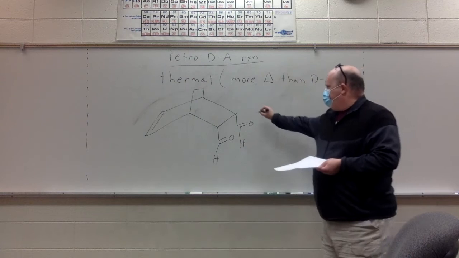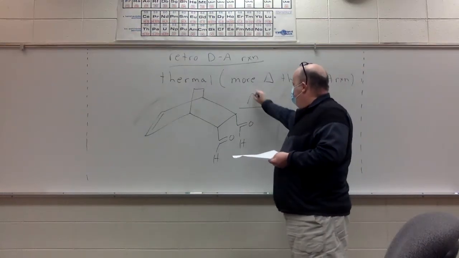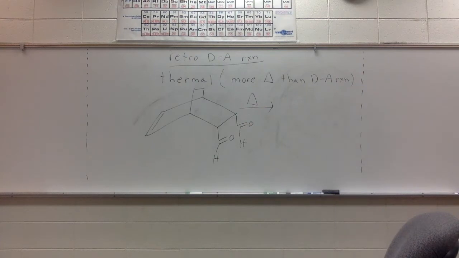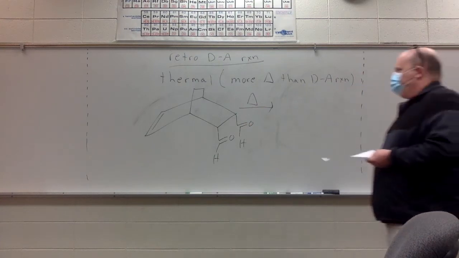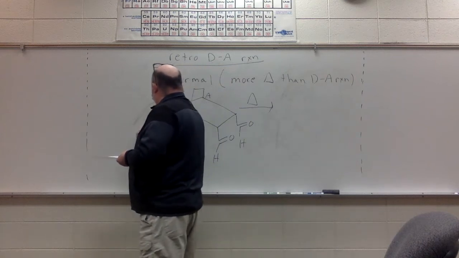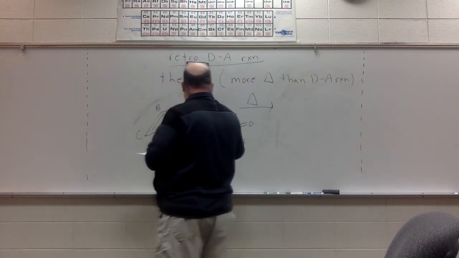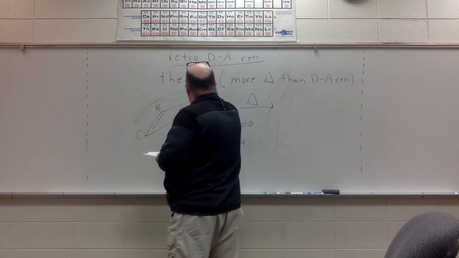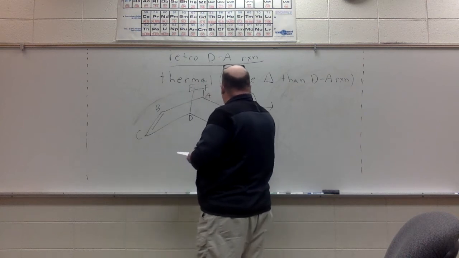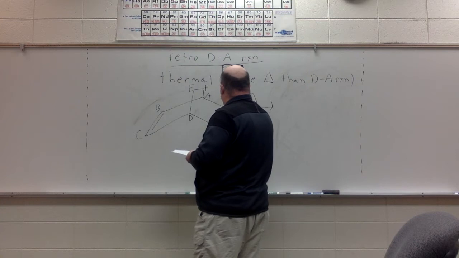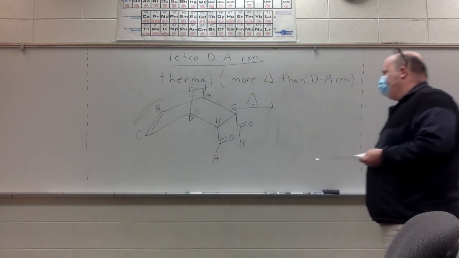All right, so let's say we did a retro Diels Alder reaction for this particular product. Again, let's label the carbons. A, B, C, D, E, F. Let's just say G and H here.